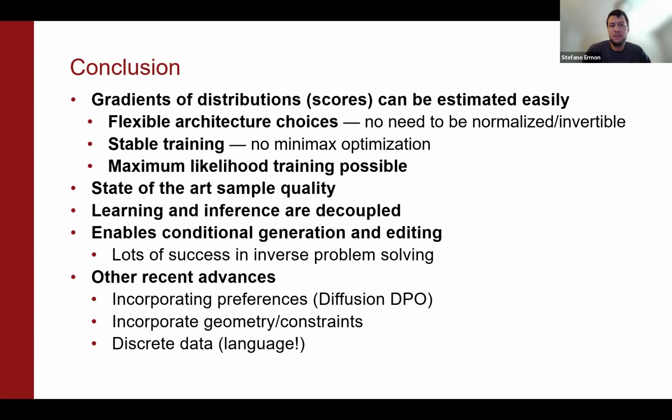You can define something similar in a discrete space as long as you have some kind of neighboring structure. The equivalent of a score function is a density ratio, which tells you, if I were to flip a token in a sentence, how would the probability change? We call that a concrete score, and it's just a density ratio.